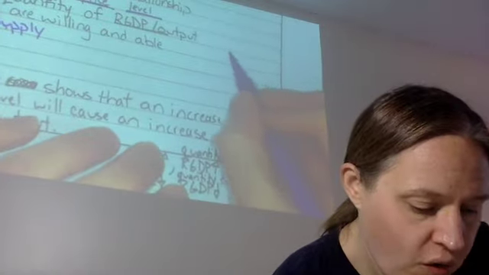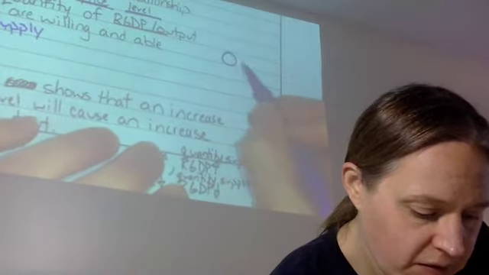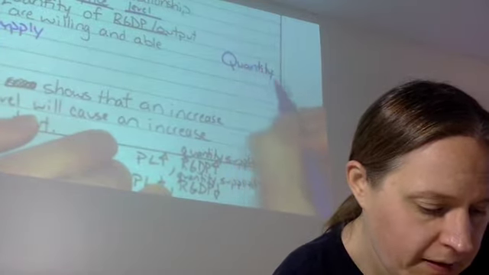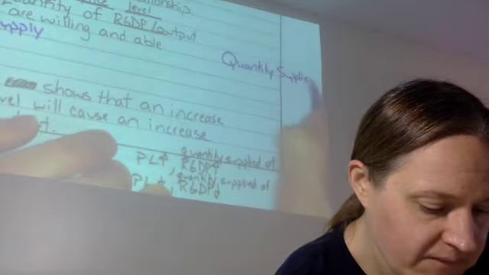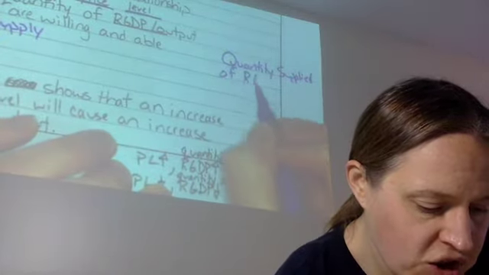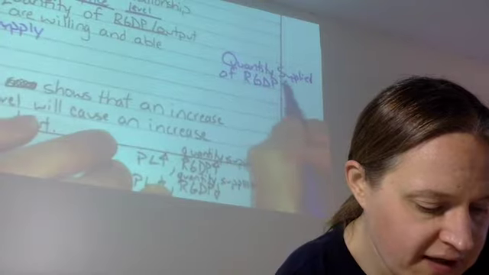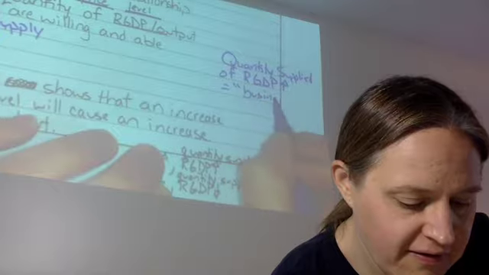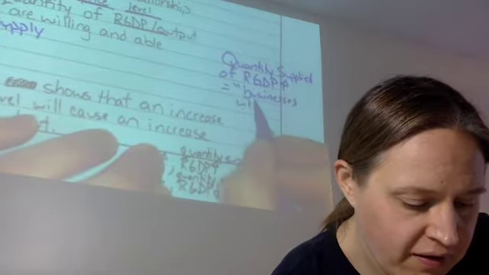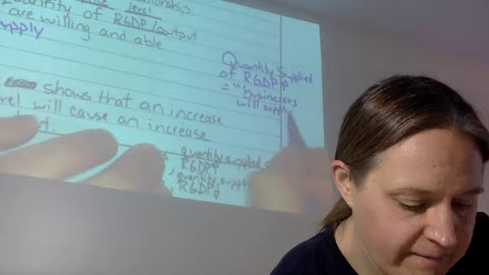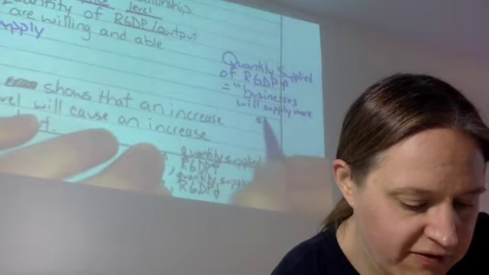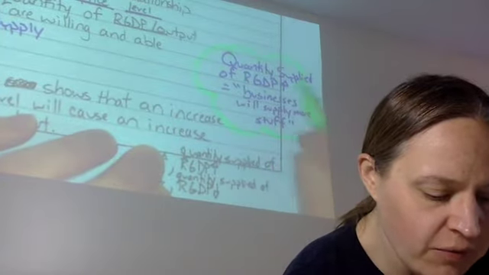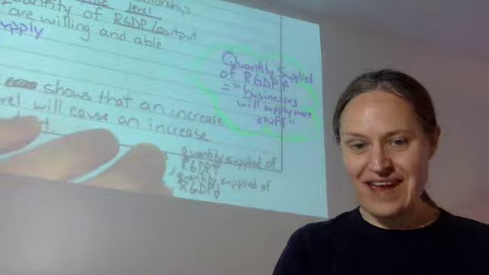So quantity supplied of real GDP increasing equals businesses will supply more stuff. Okay. So that's just a way to put it into more clear terms that we understand.